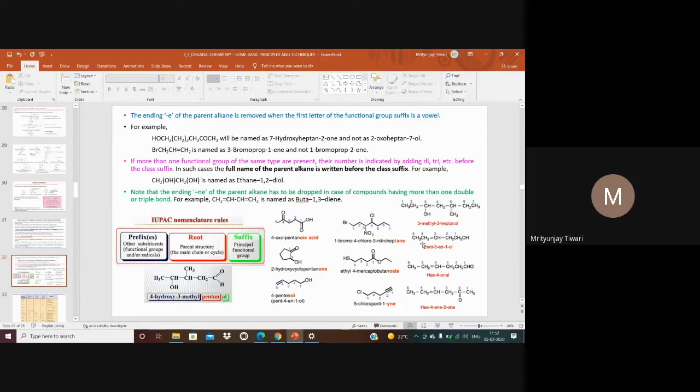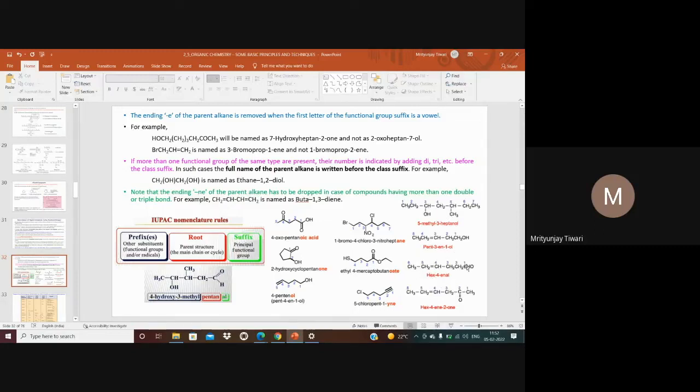Now this compound. Again the numbering will start from here because OH is more reactive than the double bond. So 1, 2, 3, 4, 5, and we see 5 carbon atoms. So it is "pent", and the third position triple bond, pent-3-yn, and the first position OH group, ol. So pent-3-yn-1-ol is the name.